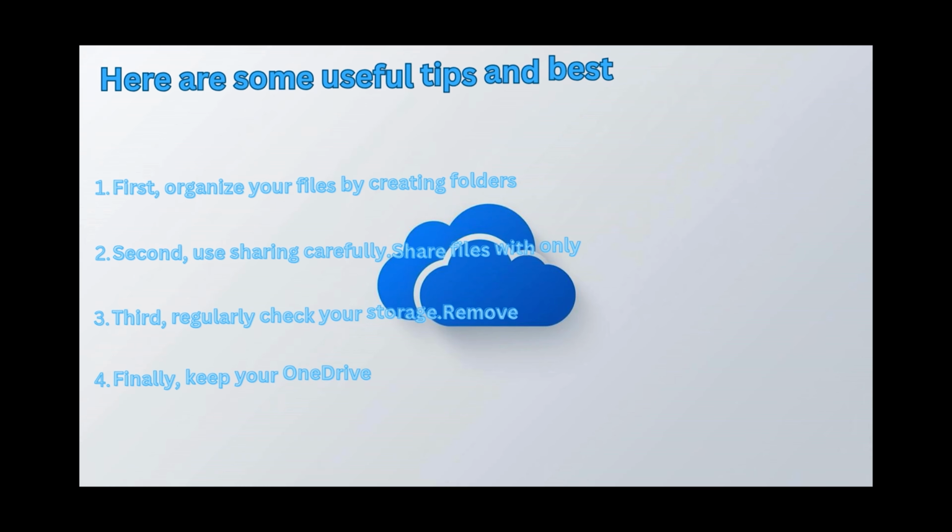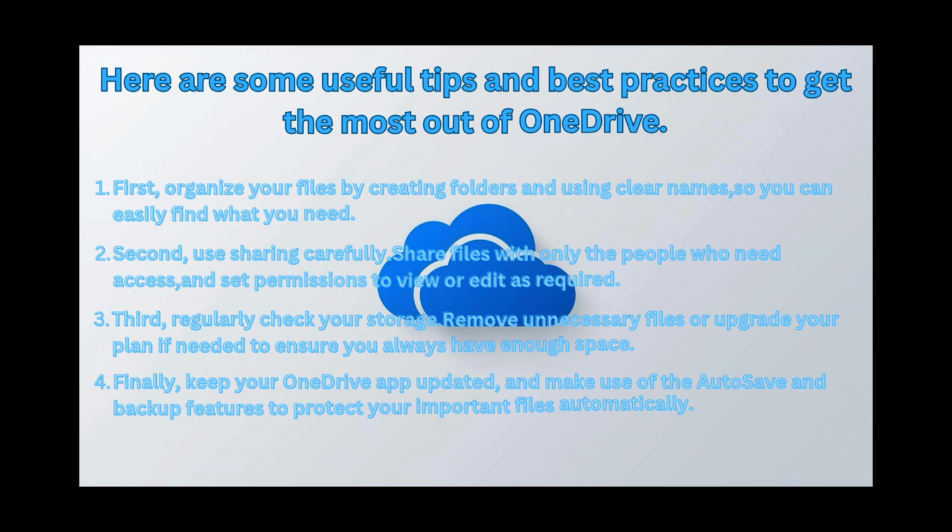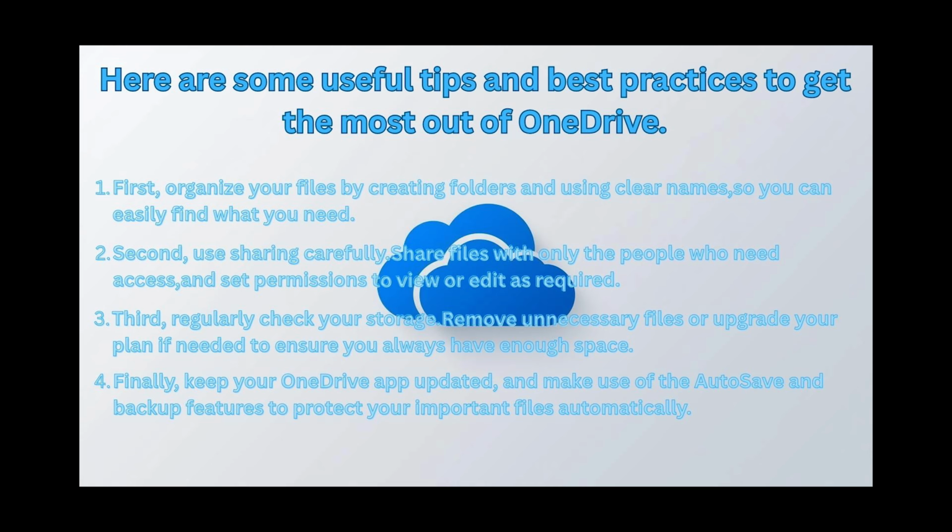Here are some useful tips and best practices to get the most out of OneDrive. First, organize your files by creating folders using clear names so you can easily find what you need. Second, use sharing carefully. Share files with only people who need to access them and set permission to view or edit as required.